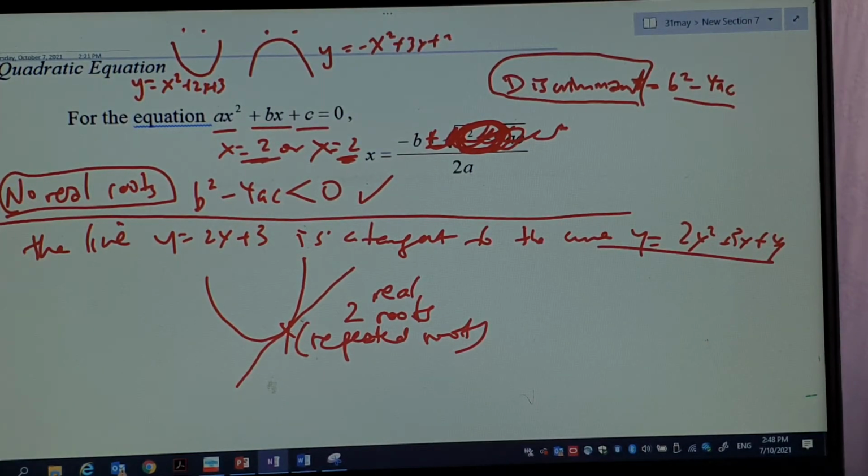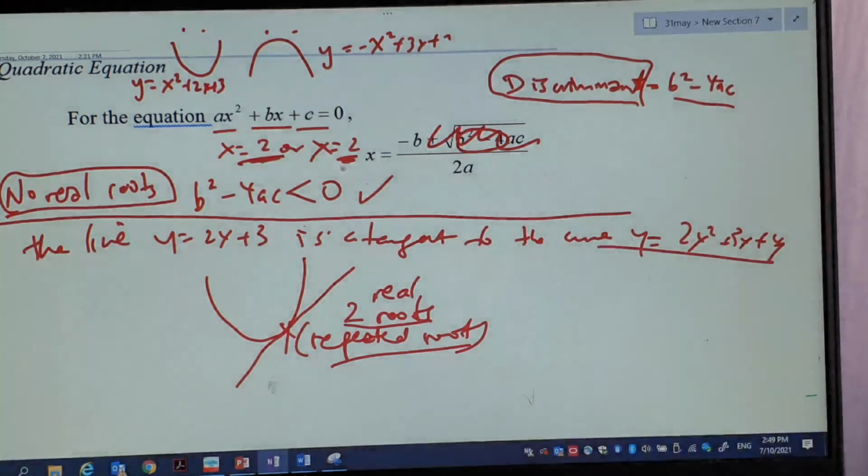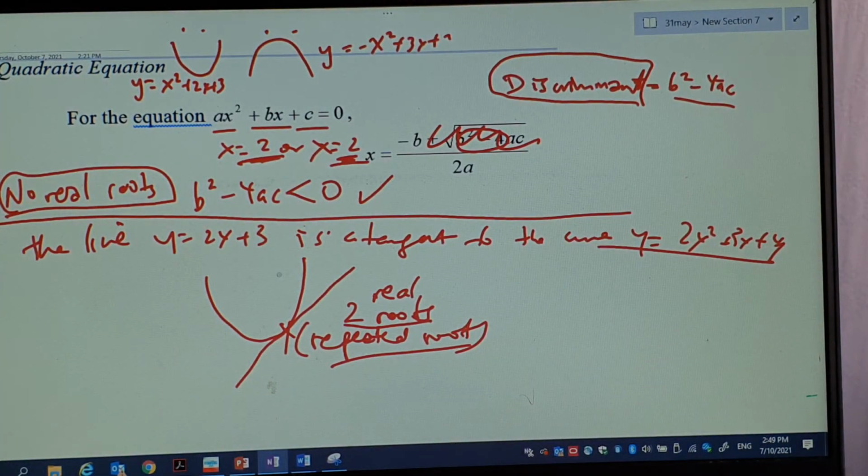Okay. Now, in this case, can you see that your b squared minus 4ac must be equal to 0? This whole thing must be 0. Then this will disappear. Then there's only one root, or what we call two repeated real roots. Okay, it's repeated because it can be x equals to x equals. So I hope we are clear. Now, this way is one way to phrase it.